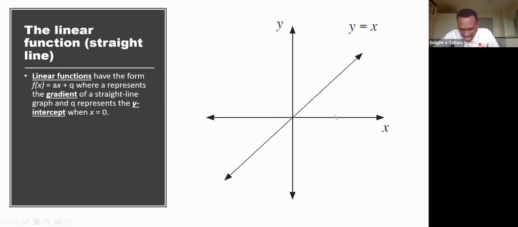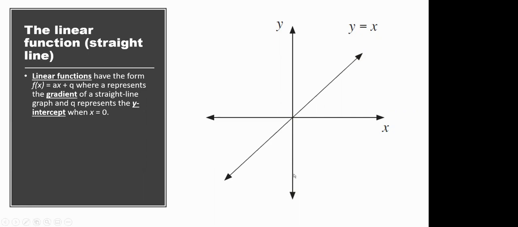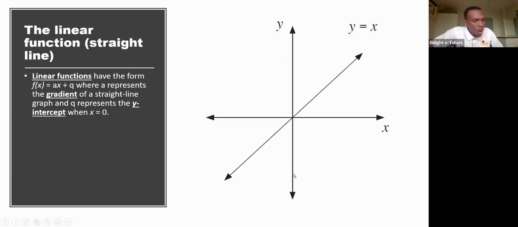But if it was cutting at 5 here, then the coordinate would be (5, 0). If it was cutting at -2 here, it would be (-2, 0). If it was cutting the y-axis at 10, then it would be (0, 10). Even if it was cutting at -1000 here, it would be (0, -1000), which means the y value is -1000, but the x value is 0. You understand?